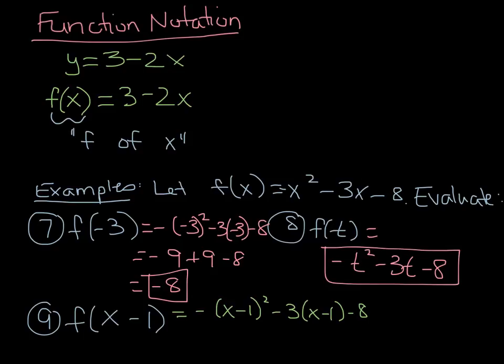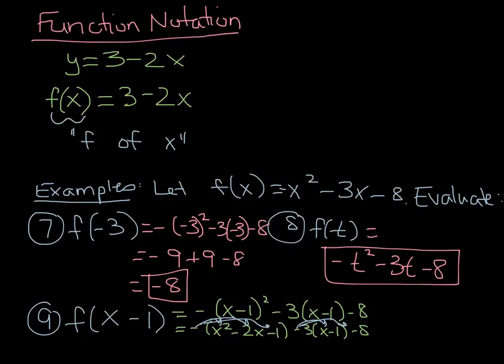So, of course, you do have to simplify this out. For the stuff in parentheses, remember you're going to use the FOIL method. That's going to give us x squared minus 2x minus 1. Next thing I'm going to do is use the distributive property with my negative, and also with my negative 3.